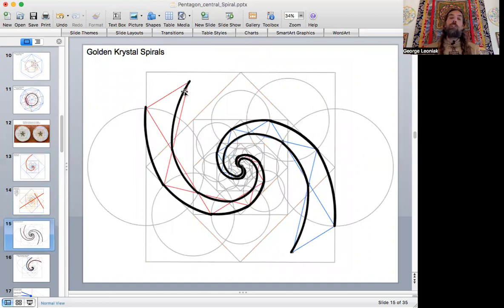Which is shown here as well. So we are going along and we're creating two spirals based off these golden crystal spirals. Coming from the two, we can do it from the four directions. We can flip them over, because basically what's happening here is this larger circle that is on each square, as you make these out, they are basically dividing from this midpoint to this edge into phi proportions. So these are golden rectangles if you drew the line.